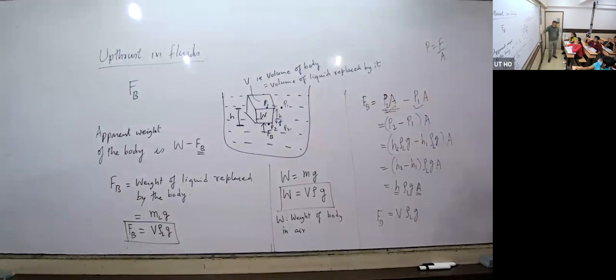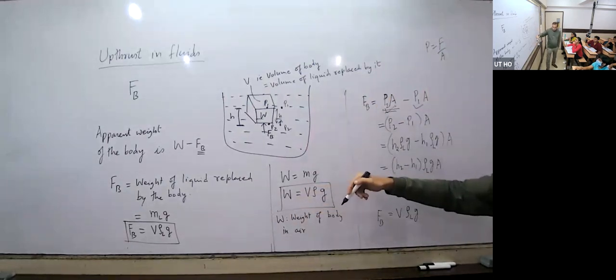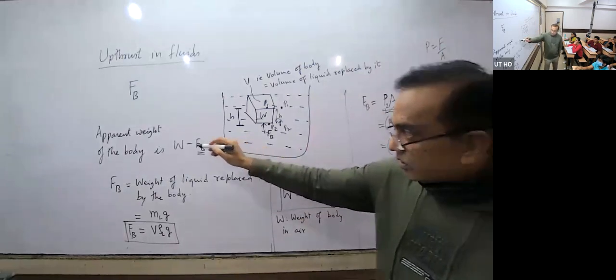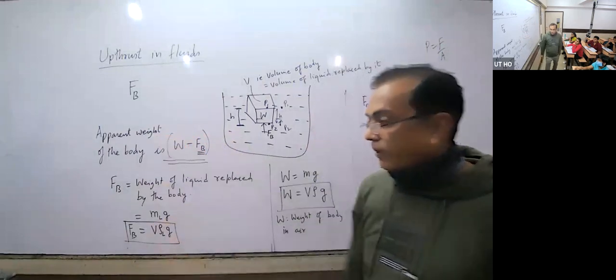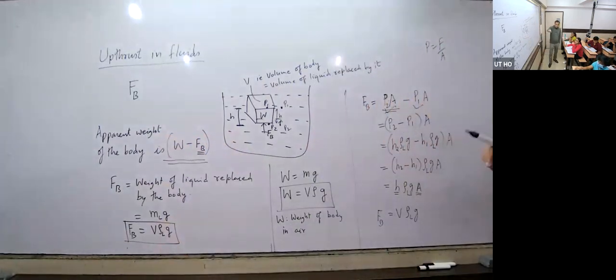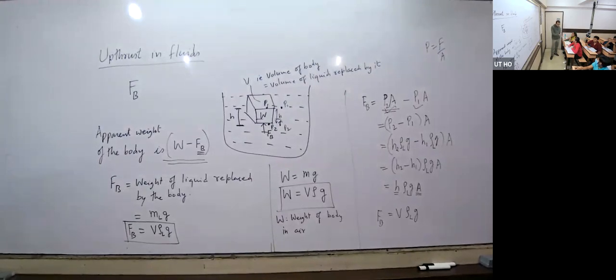And it is because of this upthrust that the weight of the body when it is submerged in water, the apparent weight, weight in liquid, is actual weight in air minus upthrust. That's why the body becomes lighter. Okay, anybody has any questions till here? I didn't understand this. You were the one who helped me in the last class to get this part.